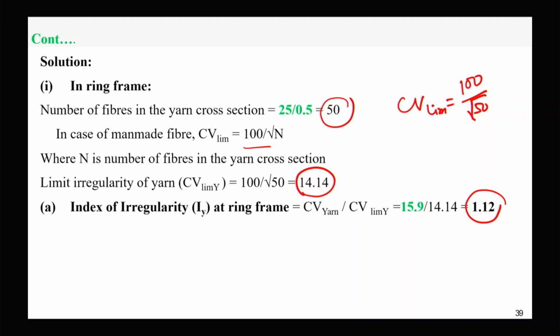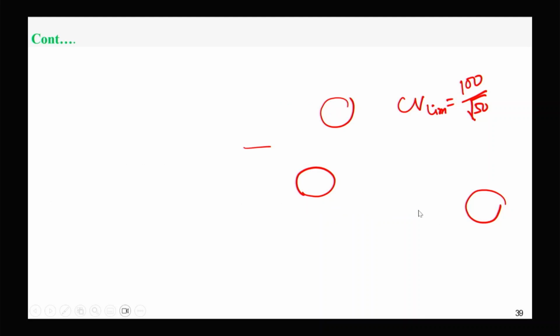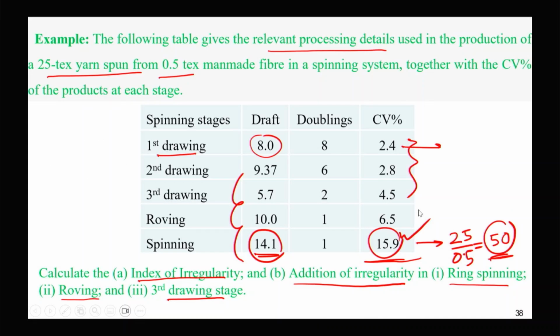Now another question was the addition of CV irregularity at the ring frame. Now we know the CV percentage of yarn and CV percentage of roving.